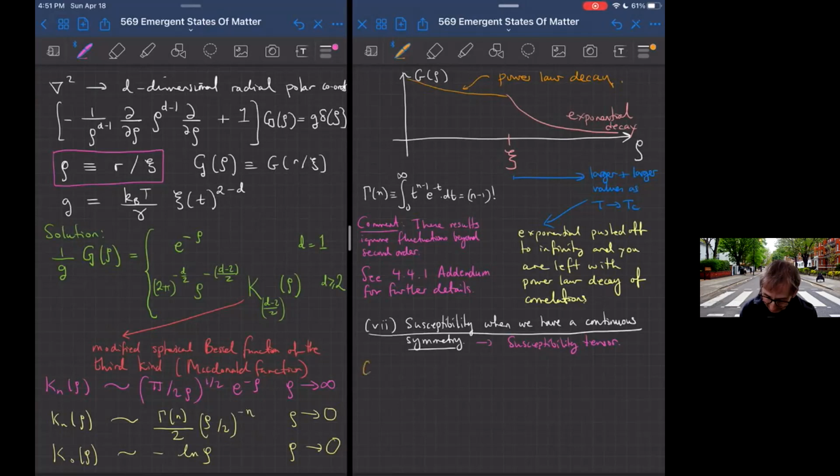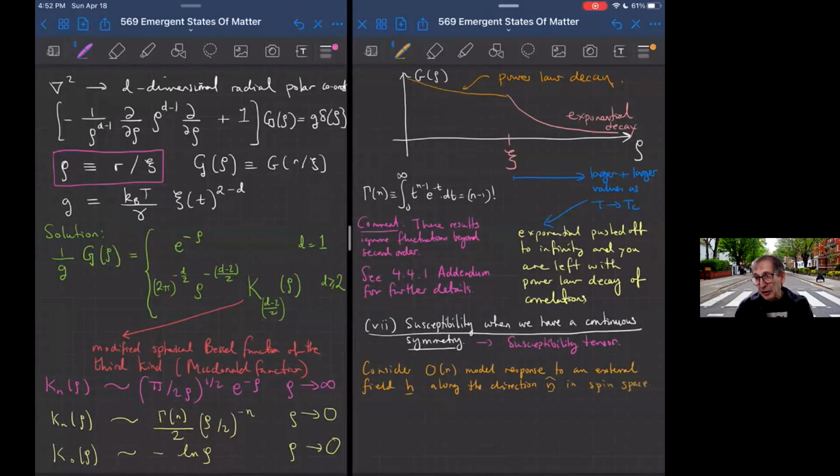So we're going to consider the O(N) model and how it responds to an external field H, and that field H is along the direction n hat in spin space, in order parameter space. I'm going to use spin space and order parameter space interchangeably.